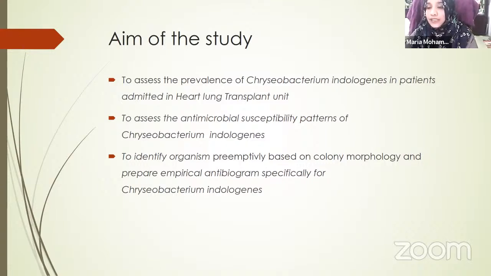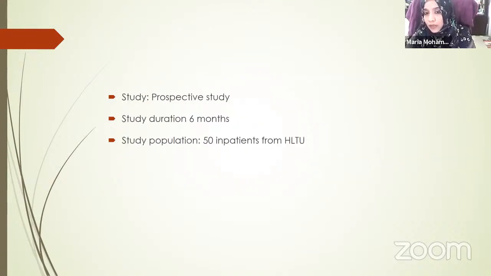The aim of the present study is to assess the prevalence of Chryseobacterium indologenes in patients admitted in the heart-lung transplant unit, to assess the antimicrobial susceptibility pattern, and to preemptively diagnose based on colony morphology and prepare an antibiogram.